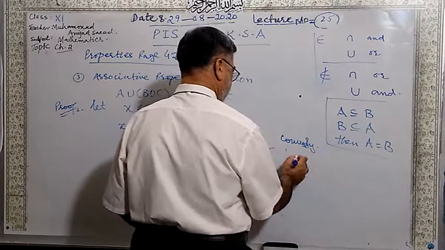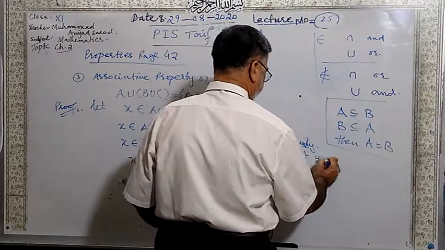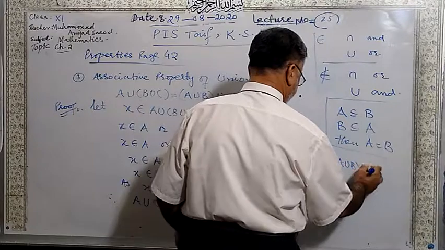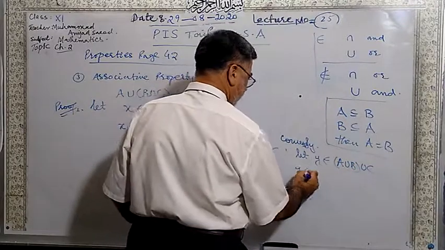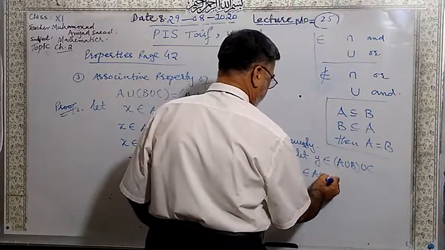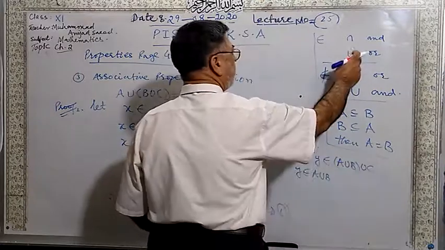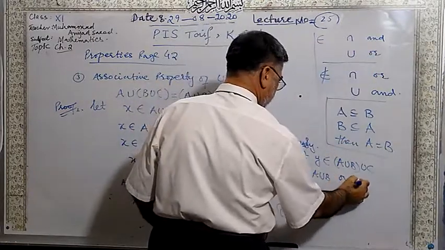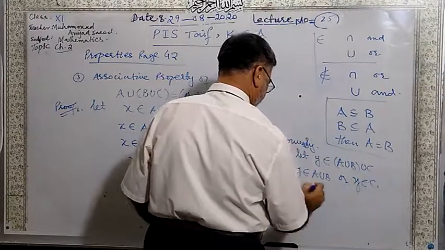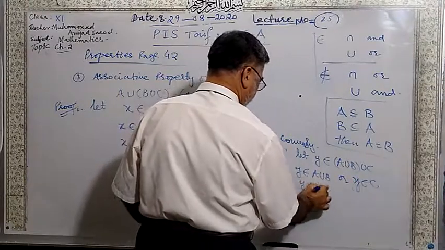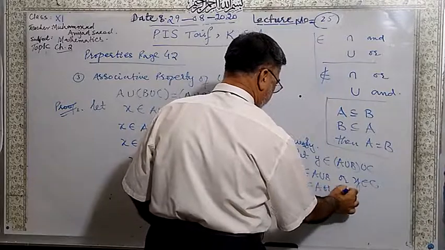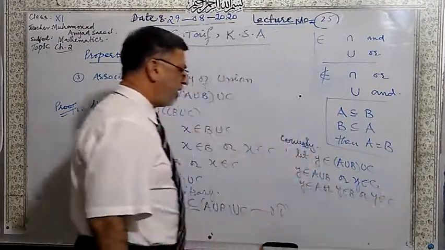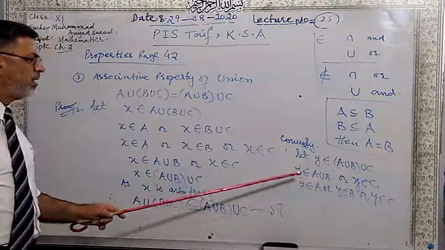Conversely, let Y belongs to the right hand side, A union (B union C). Then Y belongs to A or Y belongs to B union C, that will be or, Y belongs to C. Similarly, Y belongs to A or Y belongs to B or Y belongs to C. You have separated it all.